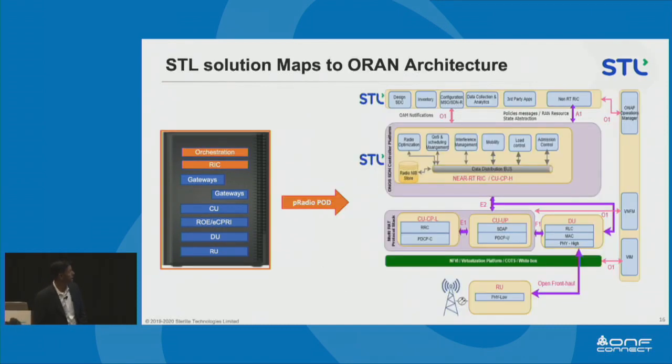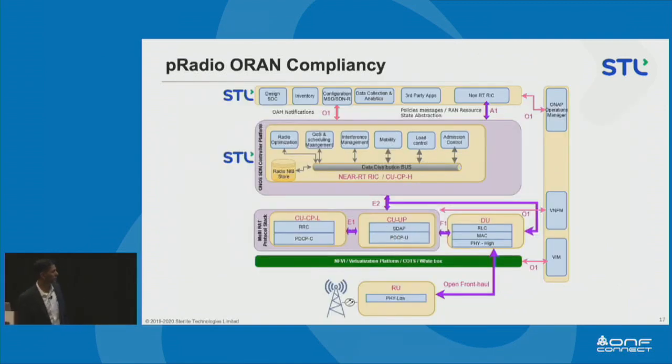So this is the pod, and I just wanted to put this picture. From an architectural perspective, how could this whole architecture fit into this? This is primarily an ORAN-based architecture where you see that the RU is at the lower layer, and you have the NFVI virtualization layer, which is hosting your CU and DU part.